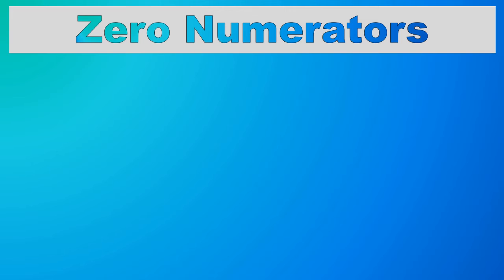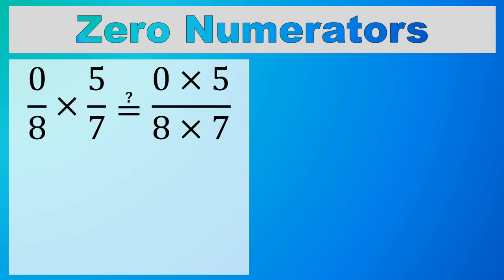Likewise, we don't have to talk about when the numerator is equal to 0 because we already used variables to explain the why behind multiplying fractions, and the numerators of those variables could be 0, but let's go ahead and explain why for this specific case this idea of multiplying fractions works. 0/8 times 5/7. Is that equal to 0 times 5 over 8 times 7? Do I multiply both the numerators and denominators?